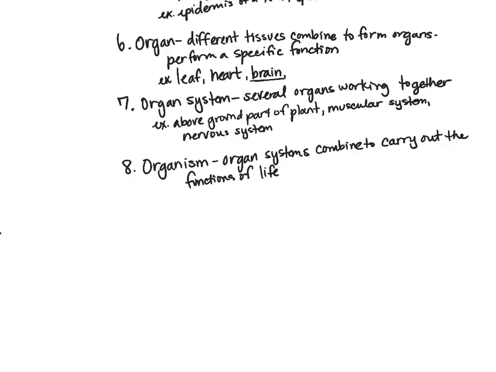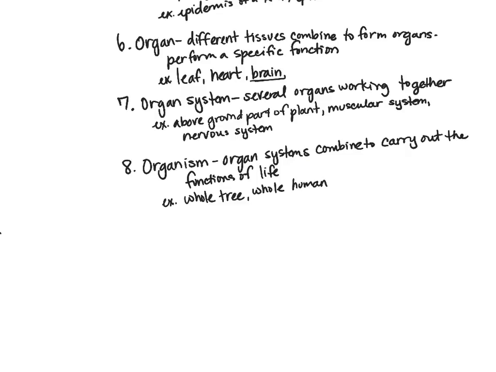So if we have our organism, we're going to be carrying out the functions of life. So for example, the whole tree. Rather than our organ system, which would be the above ground parts, now we're including the root system, for example. So that would be the whole tree, or the whole human. We take all of our different systems, put them together, we get the human.